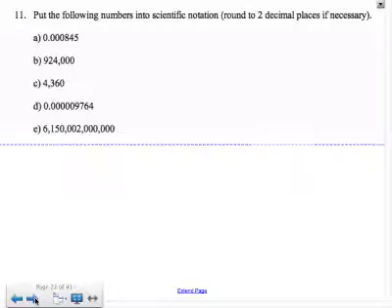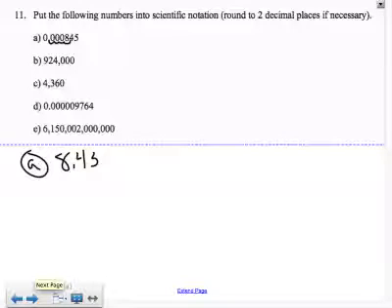Number 11. Put the following numbers into scientific notation and round to 2 decimal places if necessary. So putting them into scientific notation means there's only 1 digit to the left of the decimal. So for answer A, I'm going to move 1, 2, 3, 4 times to get 8.45. And then the exponent on the 10 is going to be a 4. And because I had a decimal and I had to move to the right, it's negative 4.